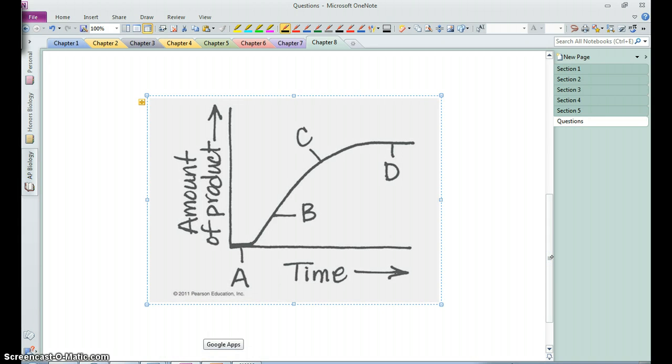And here, this diagram shows time and the amount of product being made, and we've got a number of points on this graph.